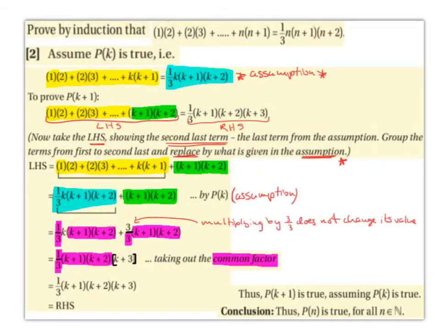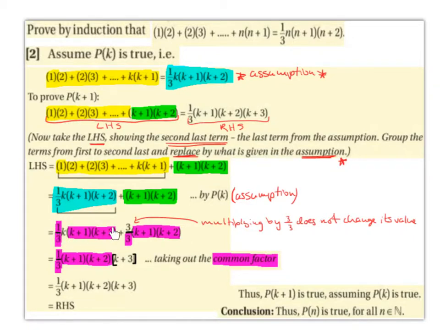We want to factorize both this term and this term. Multiplying by 3 over 3 does not change its value, because that's the same thing as just multiplying by 1. So we're sticking on in front of it 3 over 3, because ultimately we're going to use that to take out a highest common factor.